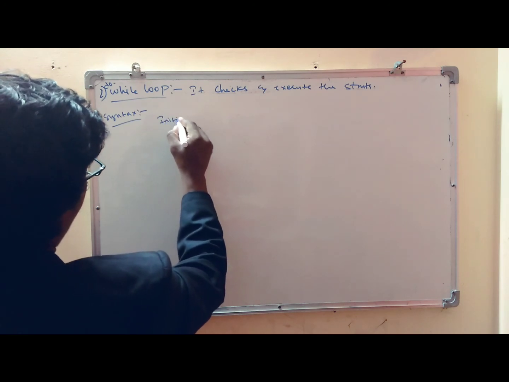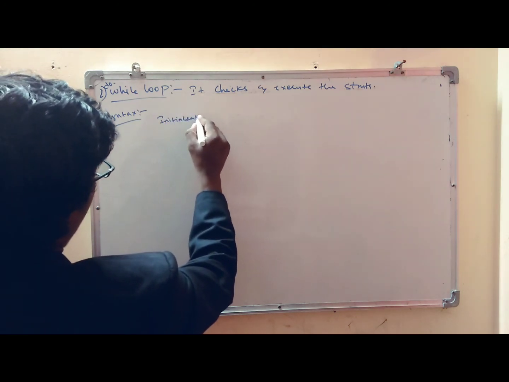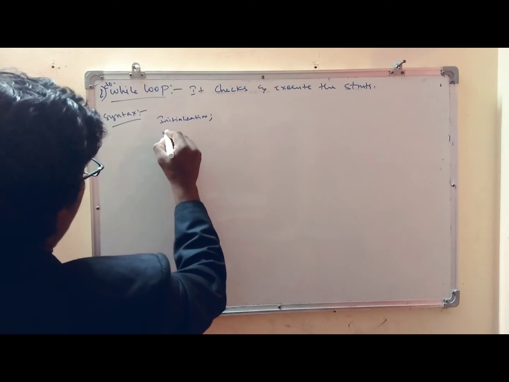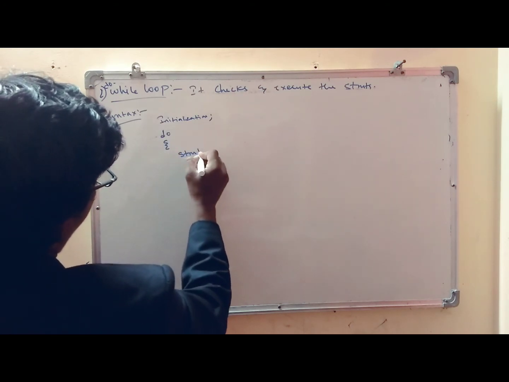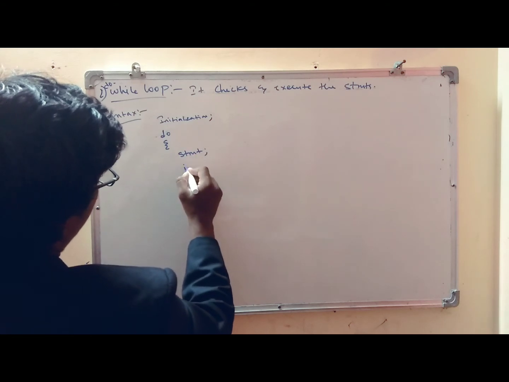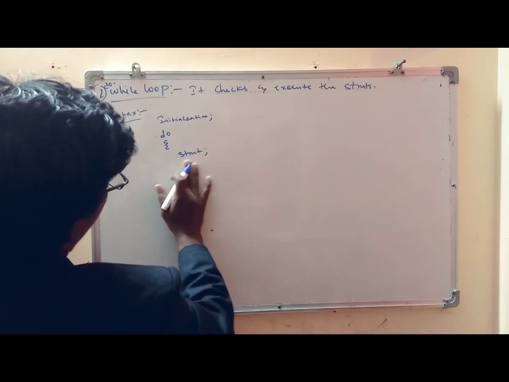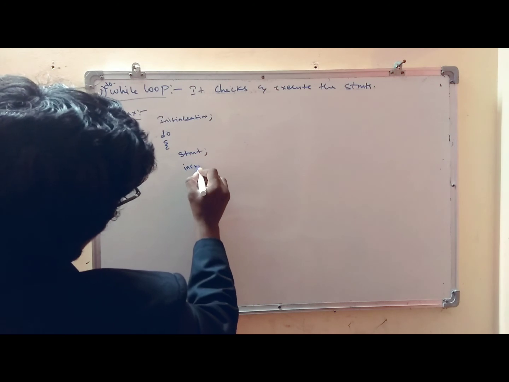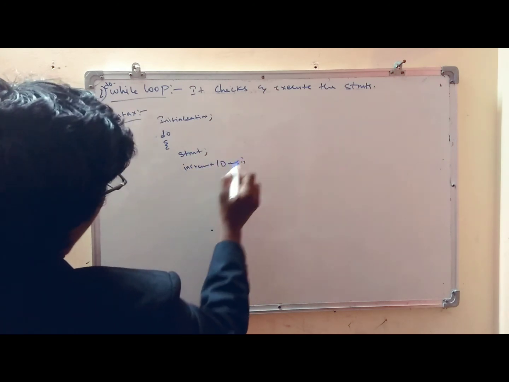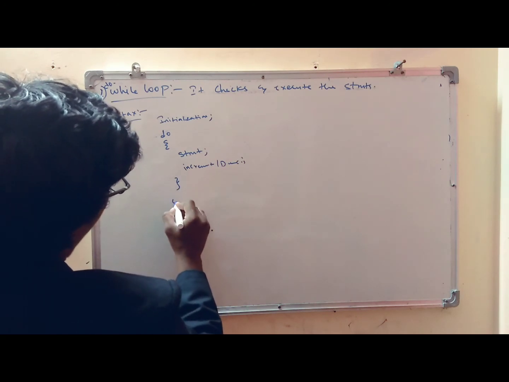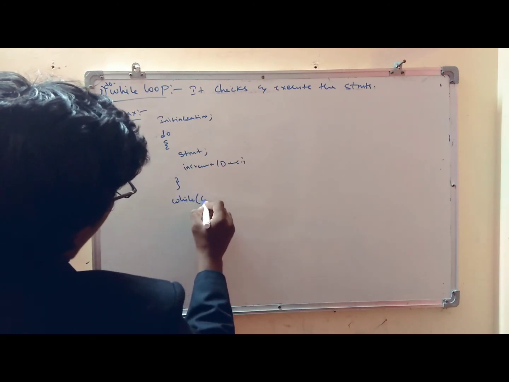So the syntax for the do while loop is initialization, do, here the statement, and directly we write here incrementation or decrementation, and here we write the condition, while condition.